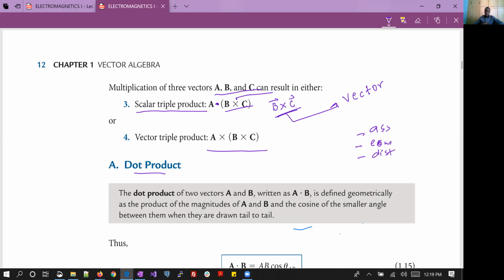So here is the idea that you have a vector that this is head and this is tail of vector A. And this is vector B, head, tail, and this is B. The angle between them, tail to tail, is theta AB.